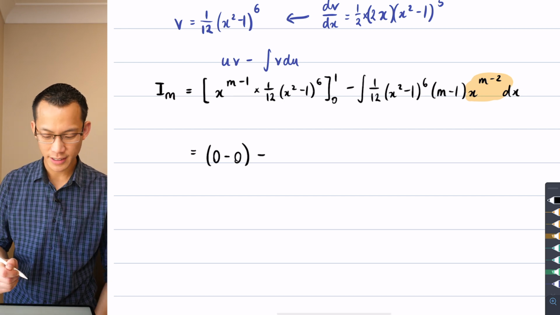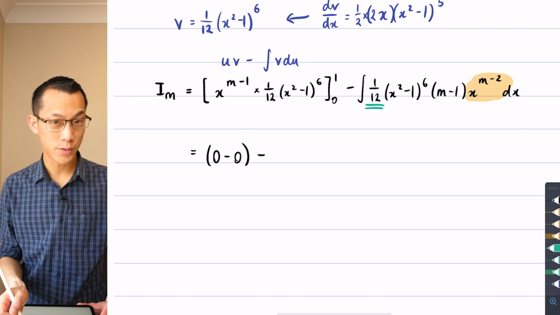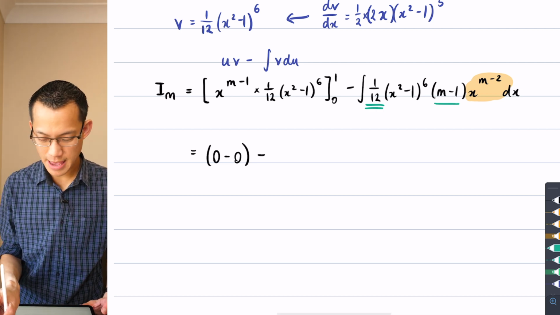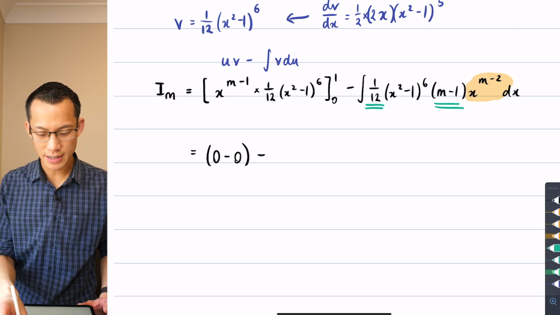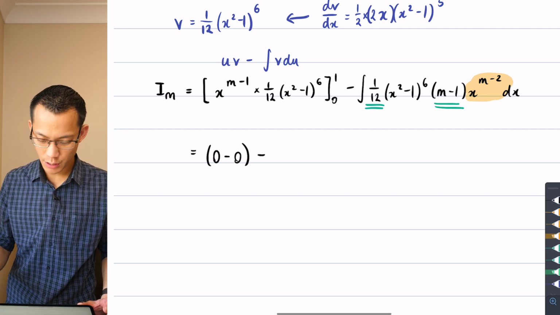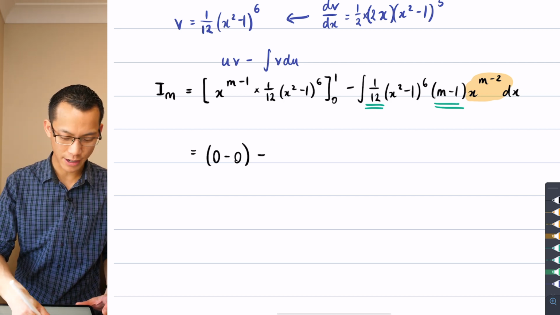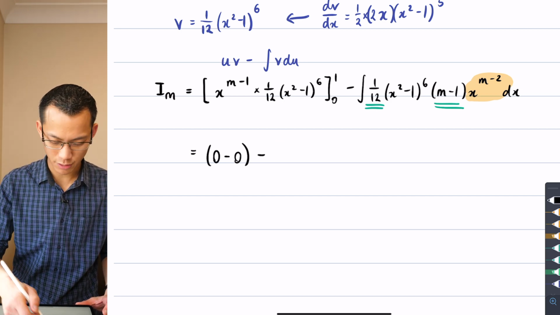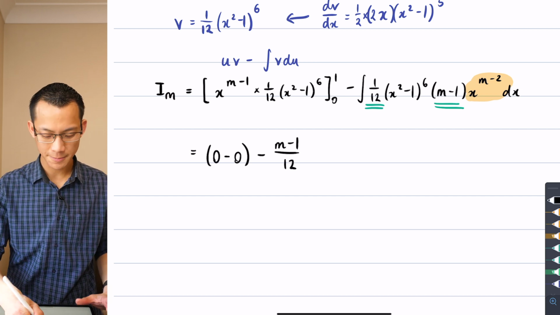I'm now subtracting this integral, and I do notice, if you have a look carefully, 1 over 12, that's a constant. M minus 1, also a constant in this context, because remember, I'm integrating with respect to x. So therefore, I'm just going to pull all of that out the front of the integral as my constant coefficient. So choose the right color would be helpful. M minus 1 on 12 is what happens when you put them together.